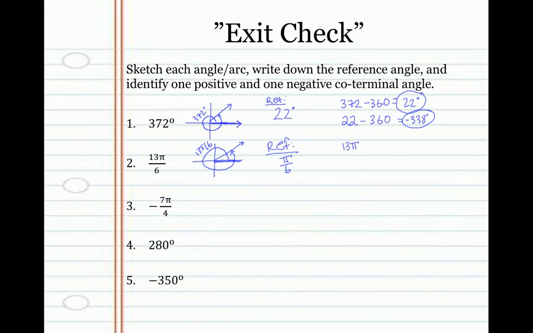So, well, if I do 13 pi over 6 minus 2 pi, so I'll say 12 pi over 6, I get pi over 6 is a coterminal angle. If I do pi over 6 minus 12 pi over 6, right, subtracting 2 pi, which is the equivalent to 360, I get negative 11 pi over 6.